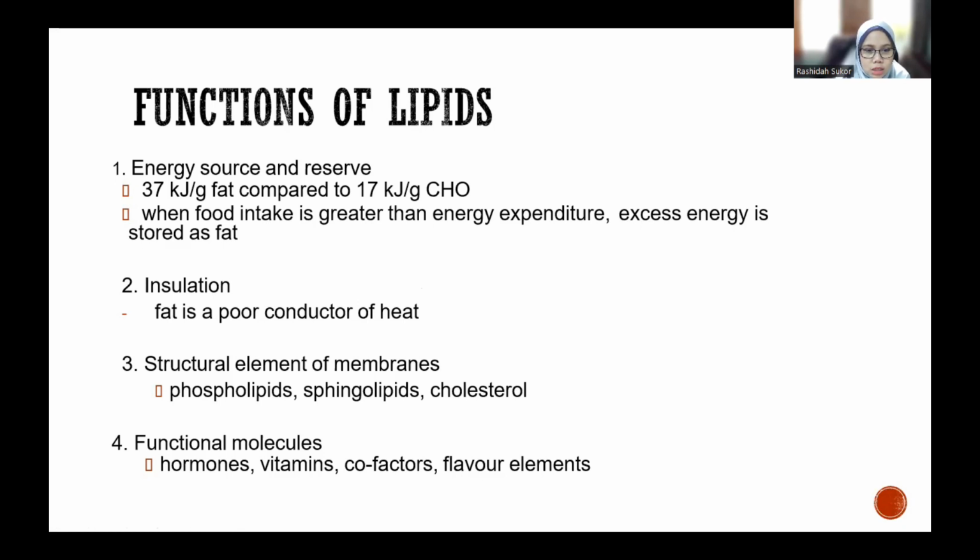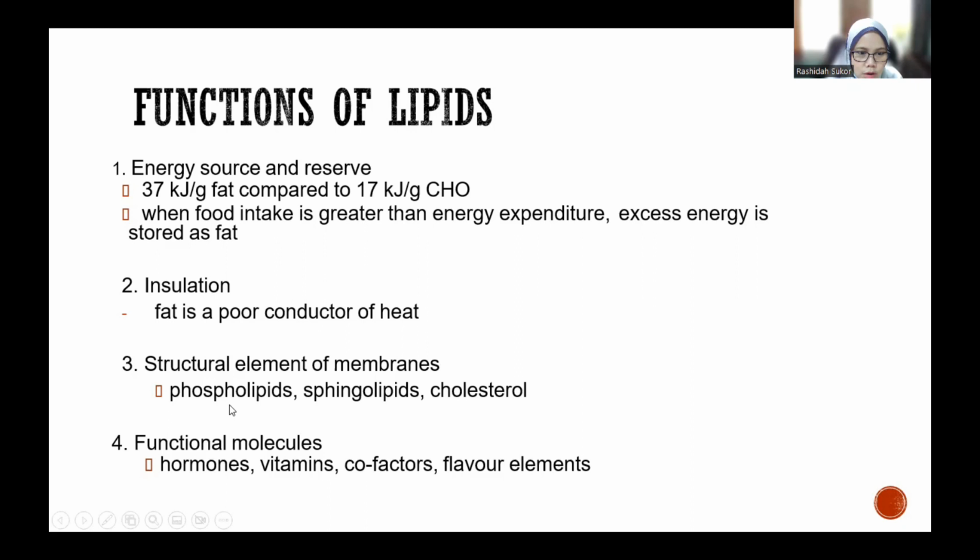In this membrane, normally there is phospholipid, with a hydrophilic head and a hydrophobic tail.